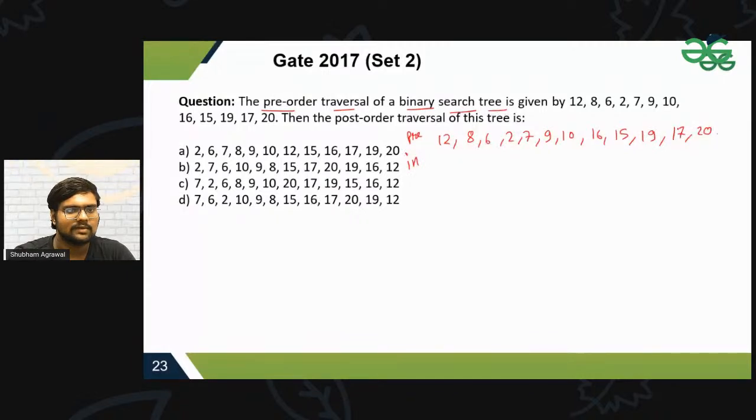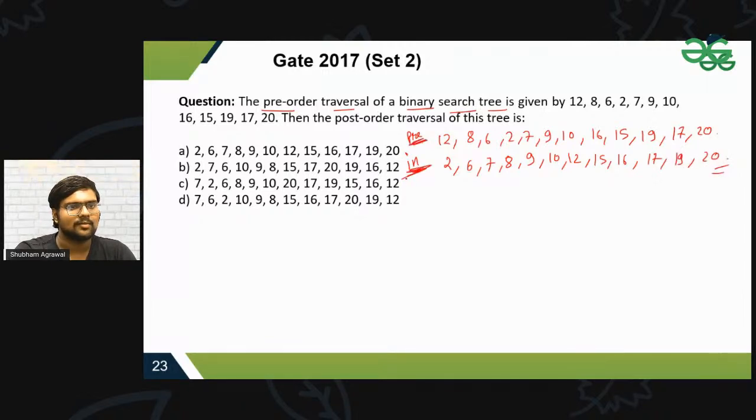So it will be 2, then 6 is the smallest, then 7, then 8, then 9, then 10. And after 10, 12 is there, after 12, 15 is there, then 16, then 17, then 19, and at last 20 is there. So this is our in order traversal, and this is our pre-order traversal.